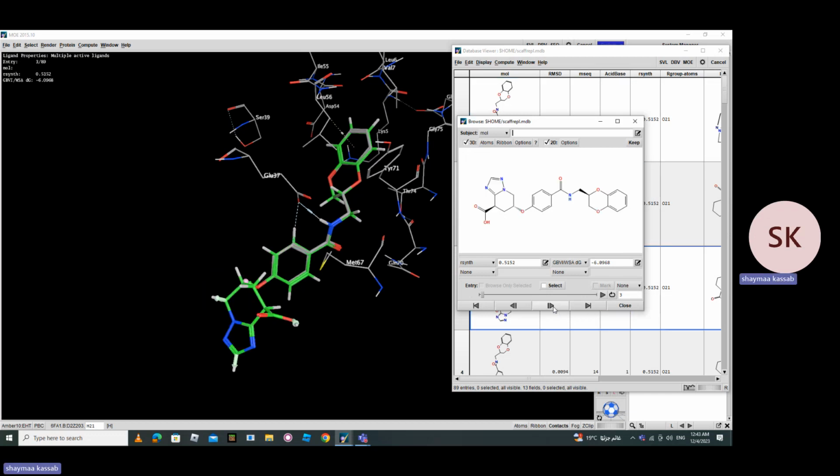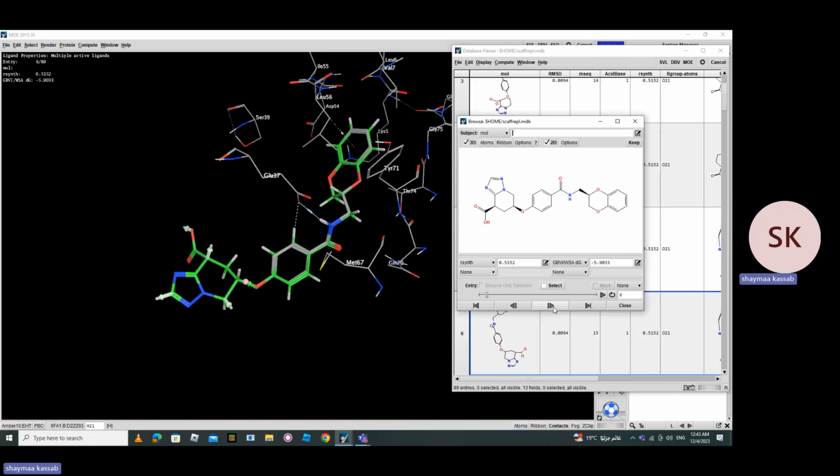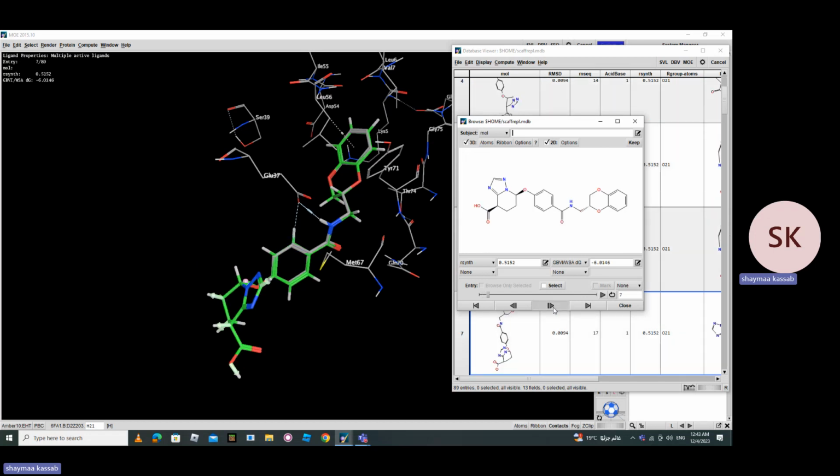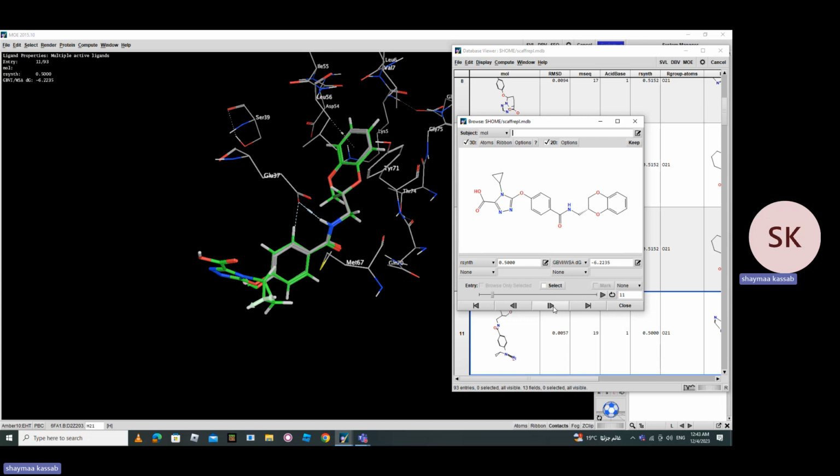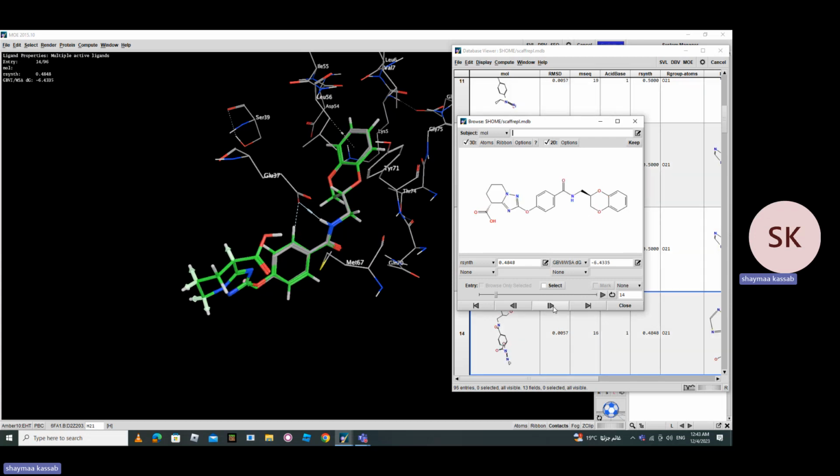Let's check which ones succeeded to form the hydrogen bond we plan or expect to see.